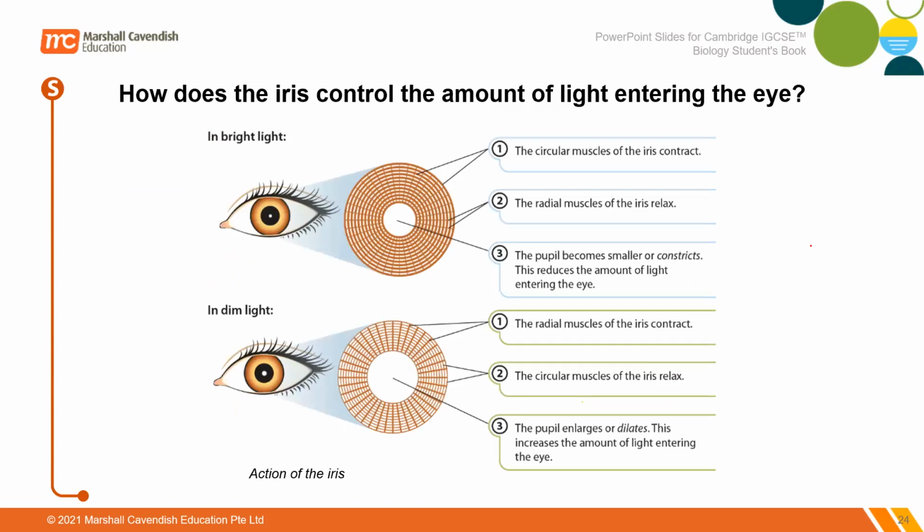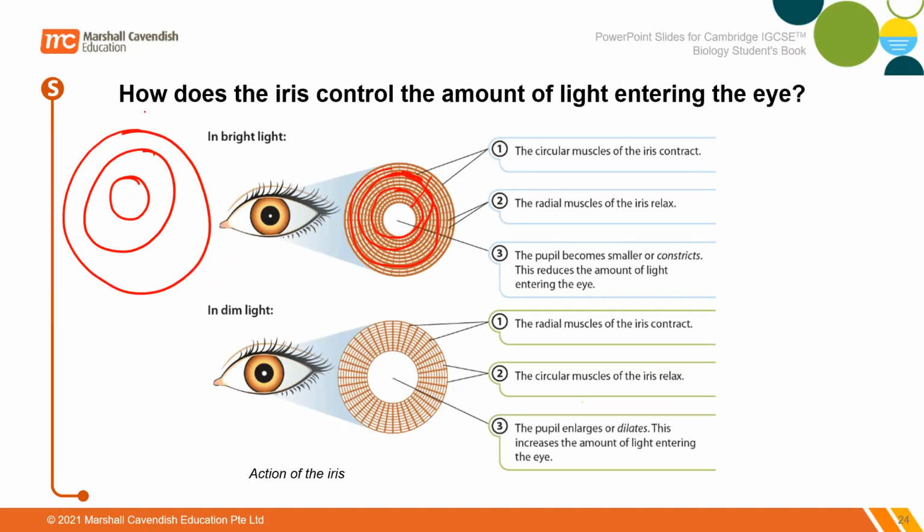In bright light, what will happen is the circular muscle, and this is the circular muscle, remember it directly by the circles, okay, what I am drawing is all examples of the circular muscles. The circular muscle will contract and the radial muscle relax.